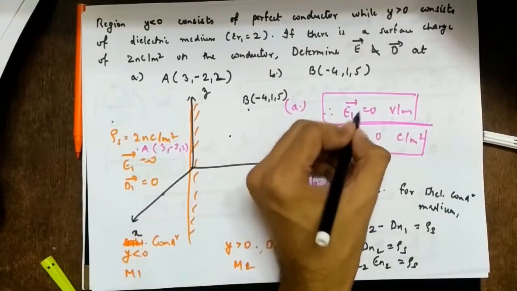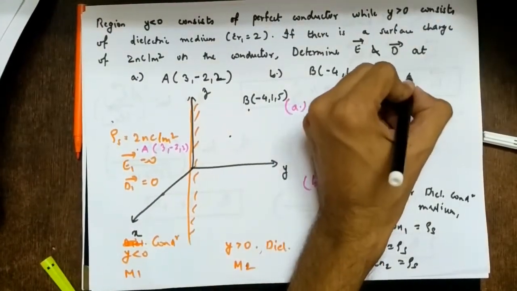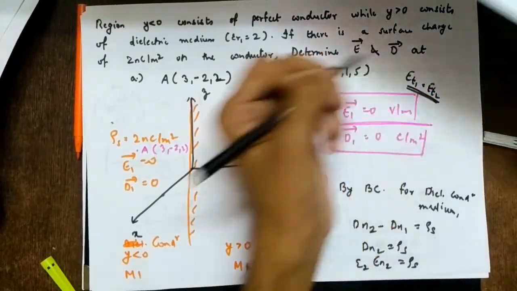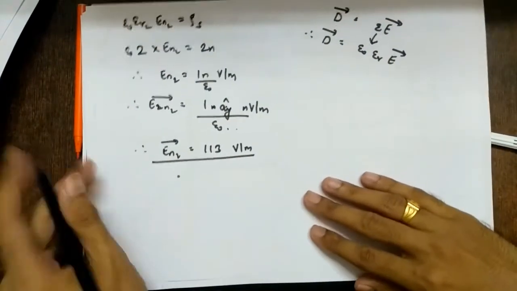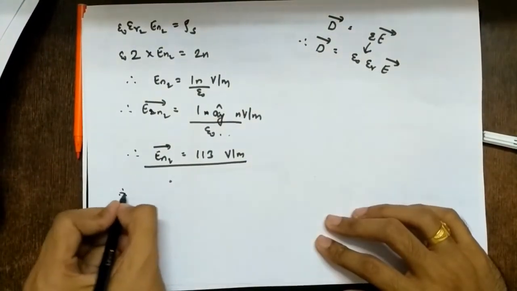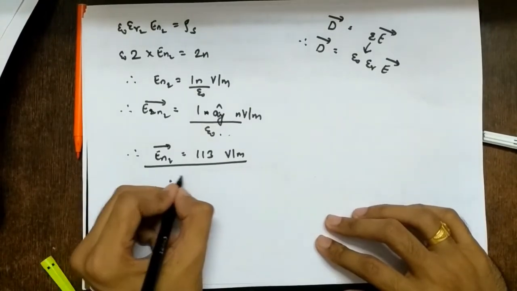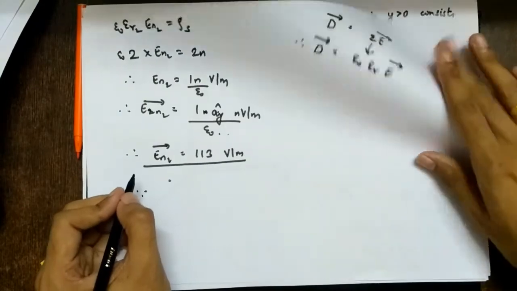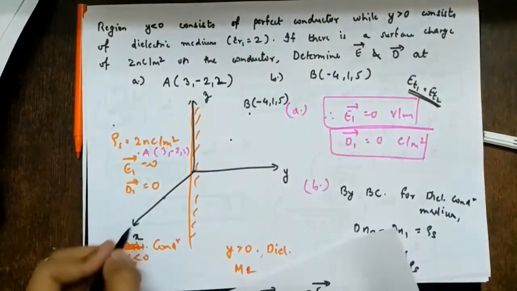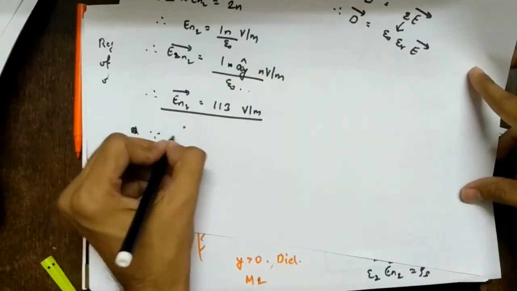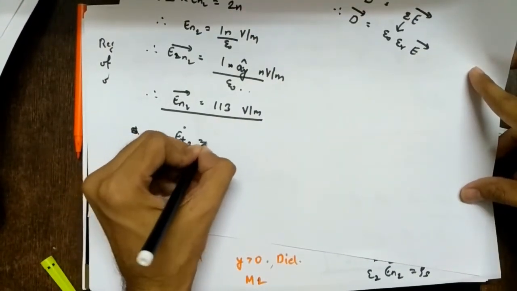What we have said, e1 vector is 0, and we know from boundary conditions that et1 equal to et2. So since et1 is 0, et2 has to be 0, right? So therefore you have to write by boundary conditions from dielectric conductor interface, et2 equal to 0, because et1 is also 0, so et2 is 0.